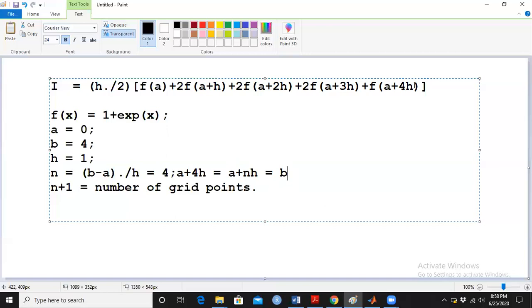So you can write a plus nh, or you can write b here. Remember that now I have the functional values at 1, 2, 3, 4, 5 points, because I had 4 patches, and at the boundaries I have the coefficient 1, and at the intermediate points I have the coefficients 2, 2, 2, right?